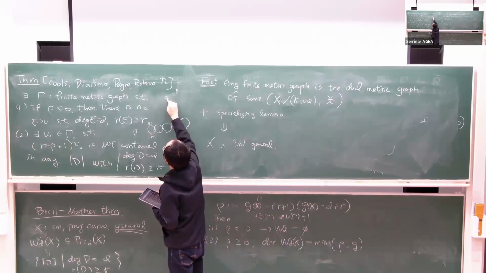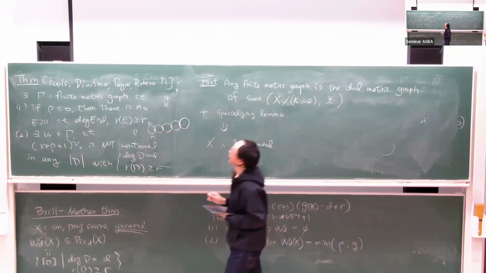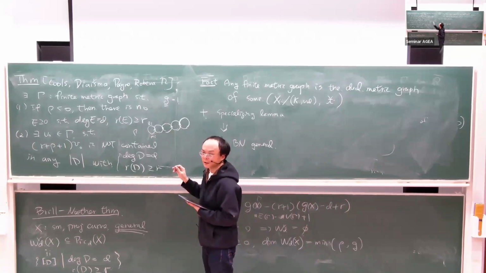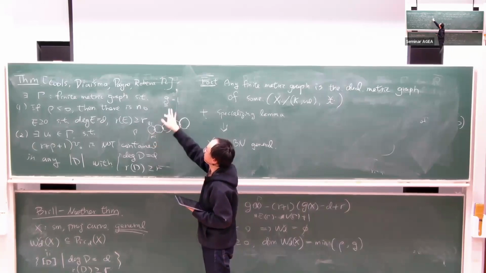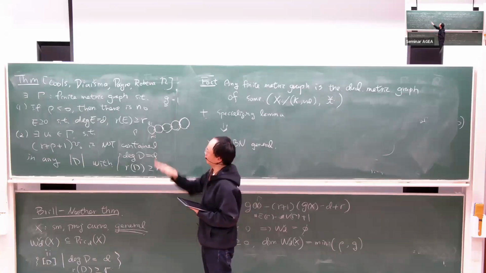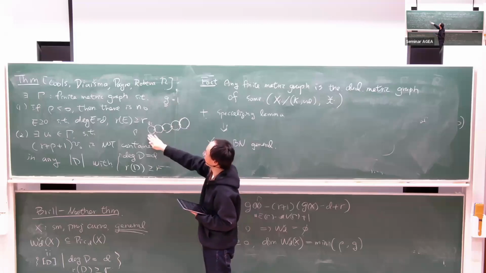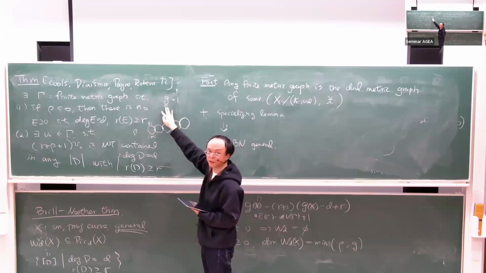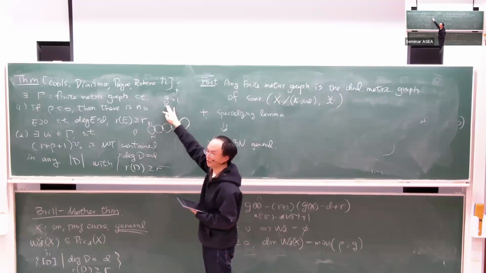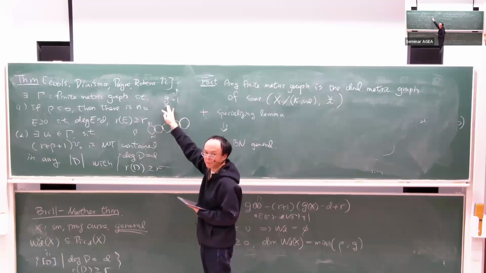First you need to fix G, right? So you are talking about the G equals 1 case. If you fix G, then the number of loops must be equal to G, because in that case the genus of a graph is equal to the number of loops. So when you discuss Brill-Noether theory, you need to fix G, and the chain of loops will be a chain of G many loops. Like I said, if you take any chain of loops with G many loops, then it may not be Brill-Noether general.